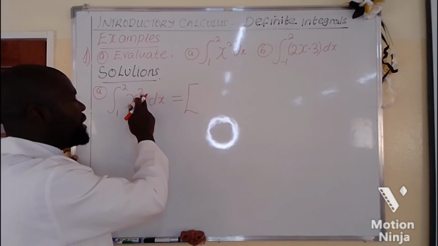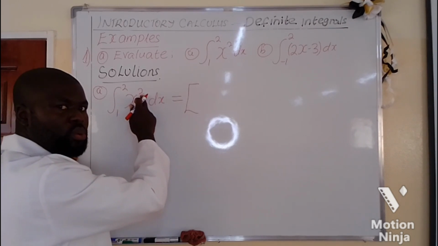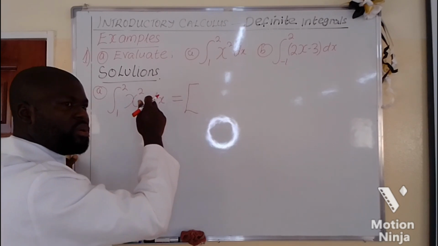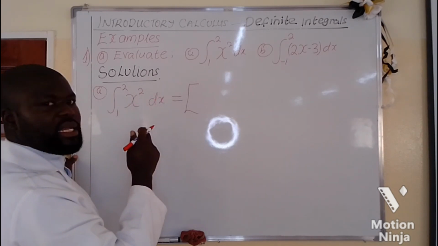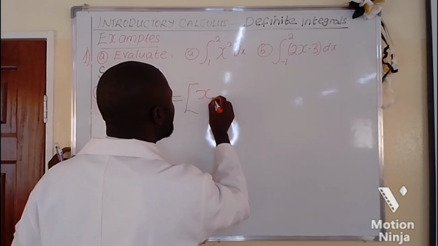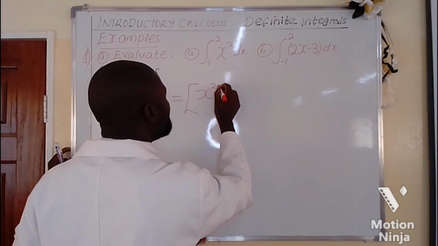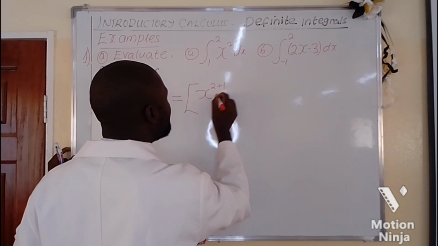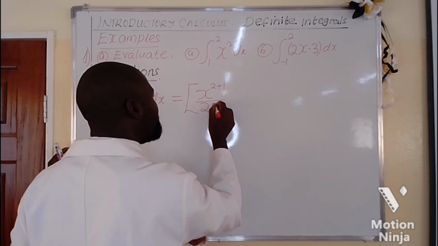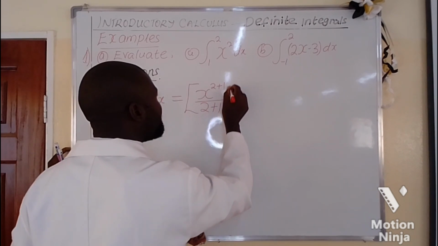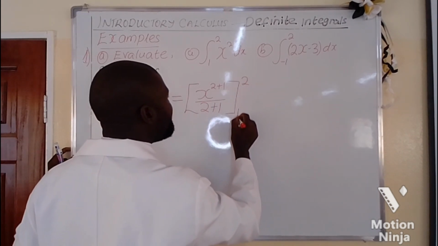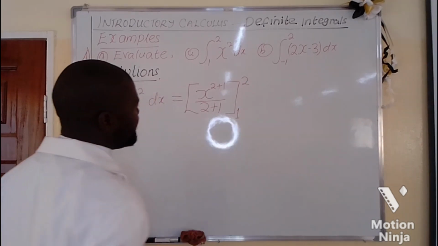So our current power here is 2. So we add a 1 to the power 2, we divide by the new power. So we have x power 2 plus 1, everything over the new power 2 plus 1. Not forgetting the limits of integration.